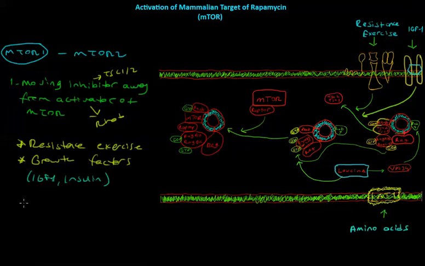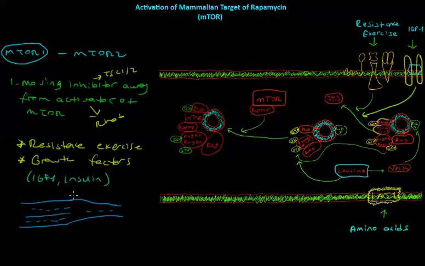Okay, so let's say we have a road, and the road is made up of two different lanes, and let's say the first lane is called resistance exercise, and the second lane is called growth factors, and this road is merging two lanes coming down to one lane. Okay, that's a terrible drawing here, right? So as you see, where we go has not changed, right? The fact that two lanes come down to one lane hasn't changed the destination.